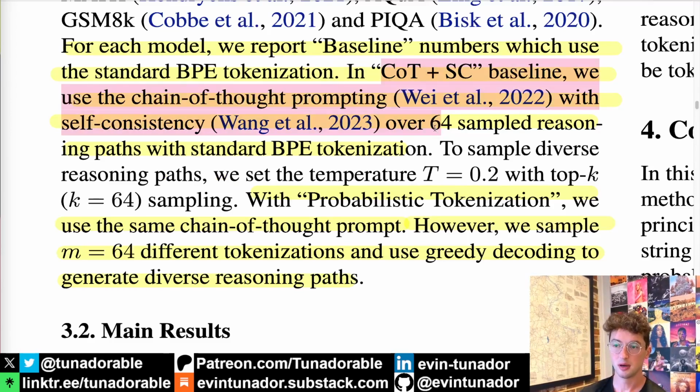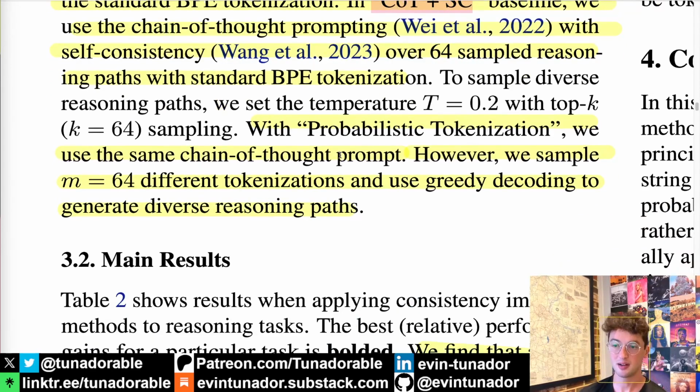If you're not familiar, you know what chain of thought is by now, but self-consistency is just when you have multiple outputs from the model, you choose the best of those outputs, or more simply, the most common of those outputs, and you assume the most common is the best, and they sample 64 times and choose the most common, aka hopefully best answer with that prompting based method, right? But instead of prompting their own method, probabilistic tokenization, they still use the same chain of thought prompt, so that part still happens.